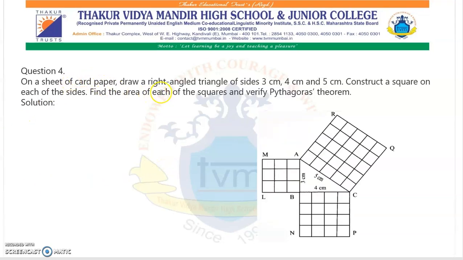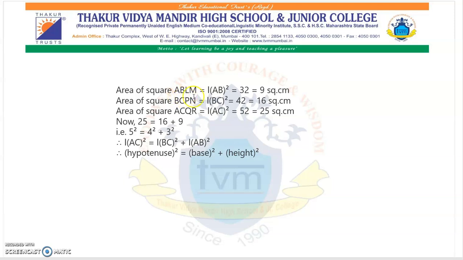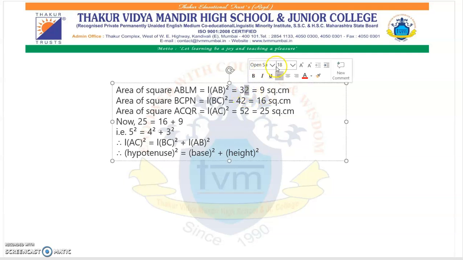On a sheet of card paper, draw a right angle triangle with sides 3, 4 and 5. We will draw this triangle and its sides. This is 3 centimeters, so 3 rows and 3 columns. This is 4, so 4 rows and 4 columns. This is 5 centimeters, so 5 rows and 5 columns. We have to find the area of each square and verify whether the Pythagoras theorem holds. The area of square ABLM, length AB square, is actually 3 square here.